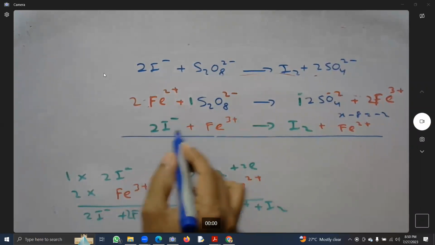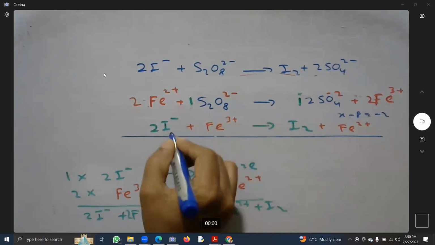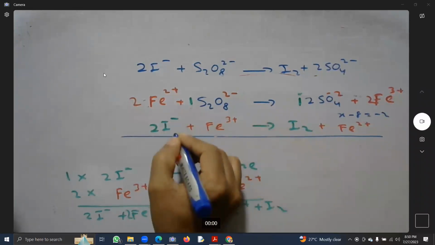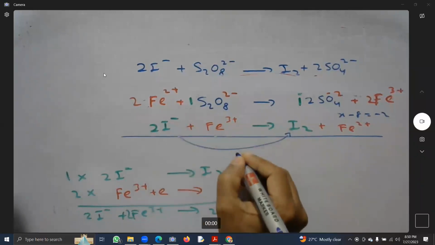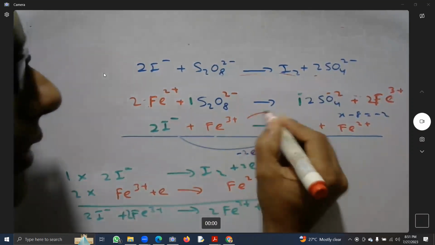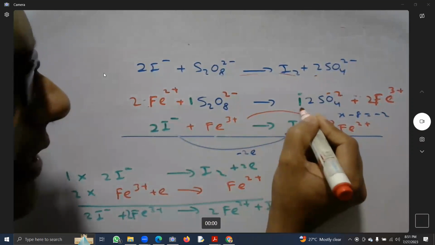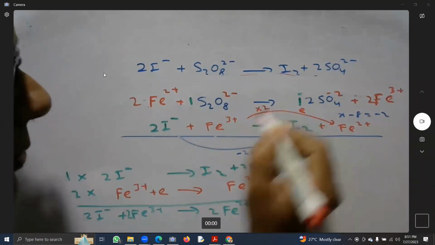To balance these two, I have to lose 2 electrons. Here to here, gain 1 electron. Now I realize this should be multiplied by 2.